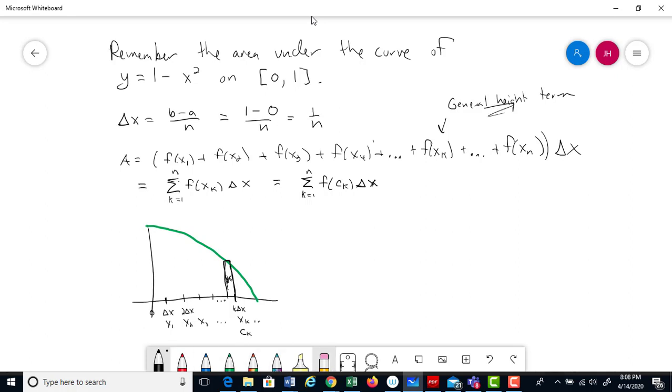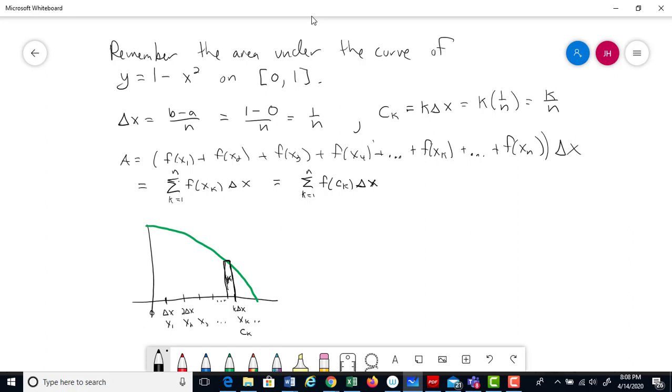I'm going to erase this general term here. So your c sub k, even on the test, is always going to be that way: k times your change in x. So k multiplied by 1 over n is just k over n.